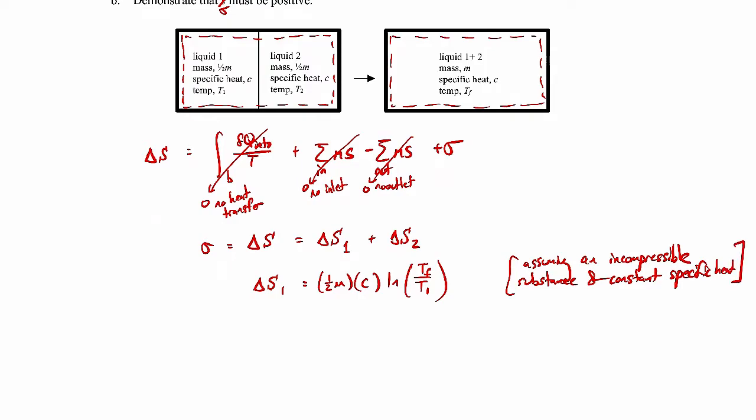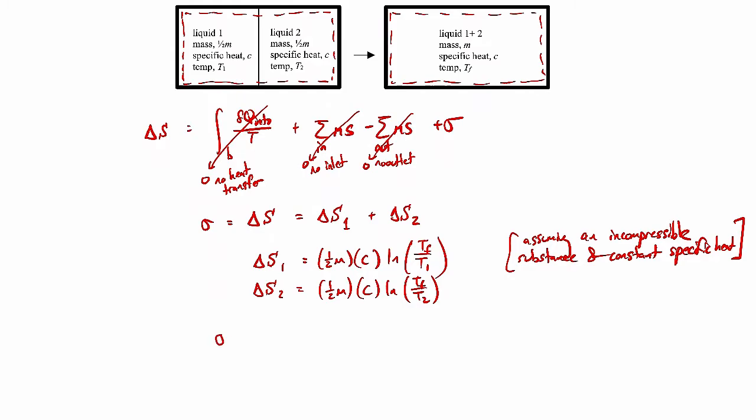That goes back to our incompressible substance model and determining what the change in entropy is for an incompressible substance. We have the same situation for liquid 2. There the mass is 1/2 m, same specific heat, and then we'll have the natural log of Tf over T2. The initial temperature for liquid 2 is T2.